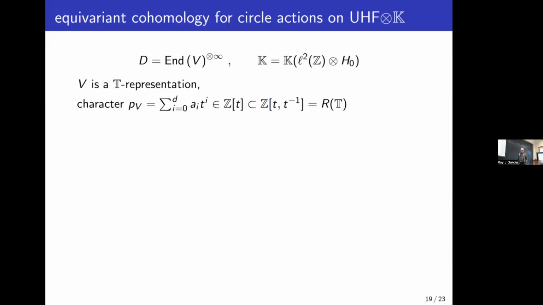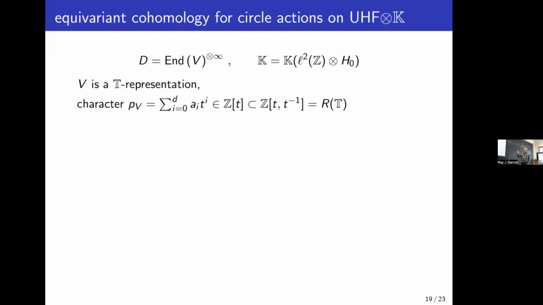Now, if I take a character of that representation, it really should have positive and negative powers of t.